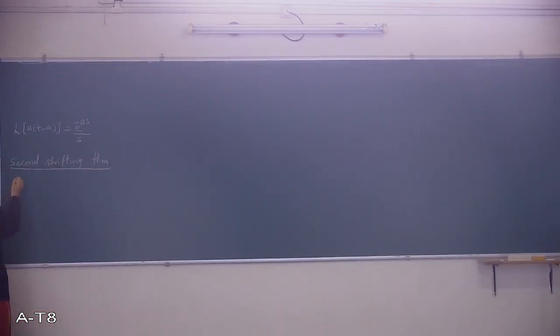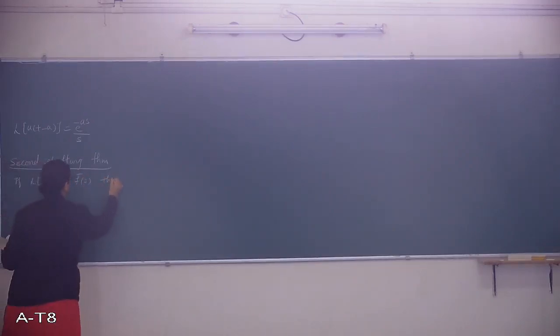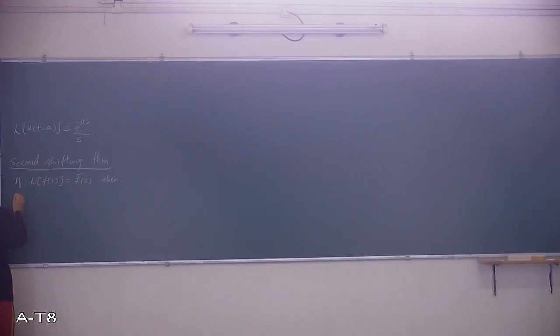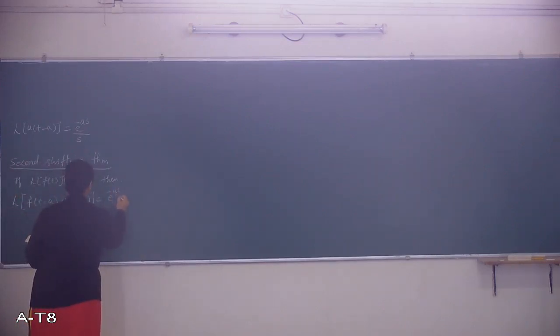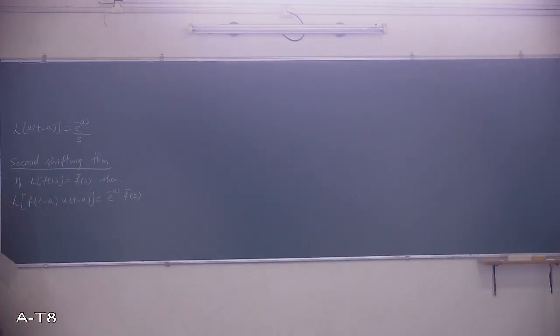It states that if the Laplace transform of f of t is F of s, then the Laplace transform of f of t minus a into u of t minus a is equal to e to the power minus as into F of s, where F of s is nothing but the Laplace transform of f of t.